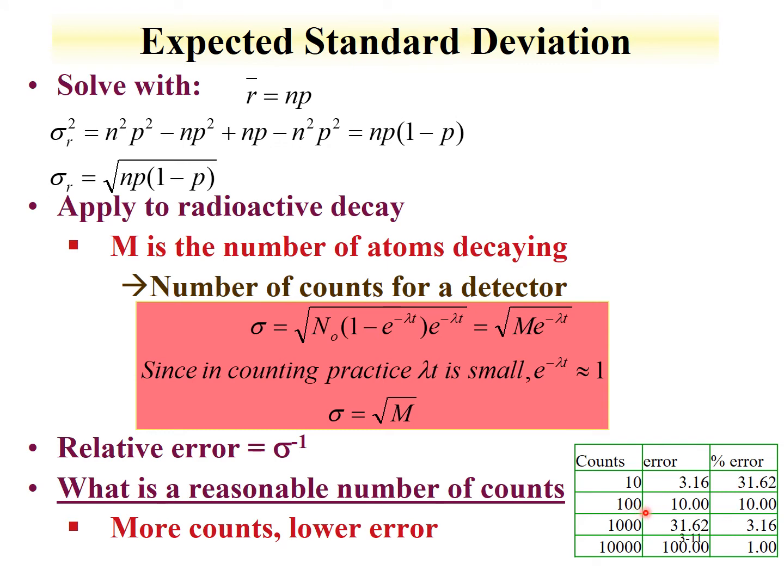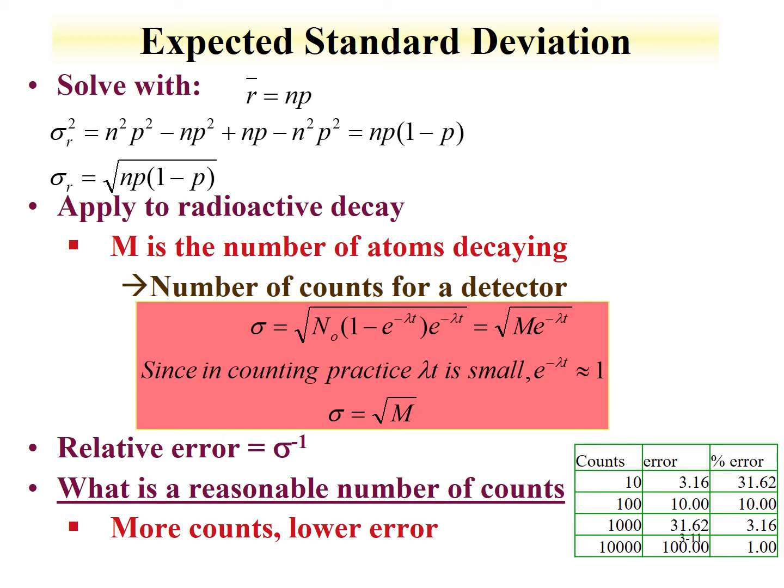Go to 100 counts, so 10 minutes, and the error is 10%. You want to get to 1,000 counts, so 100 minutes, and the error starts getting around 3%. Then at 10,000 counts, the error is 1%. So this gives you an idea of how long you should count and what's a reasonable error.